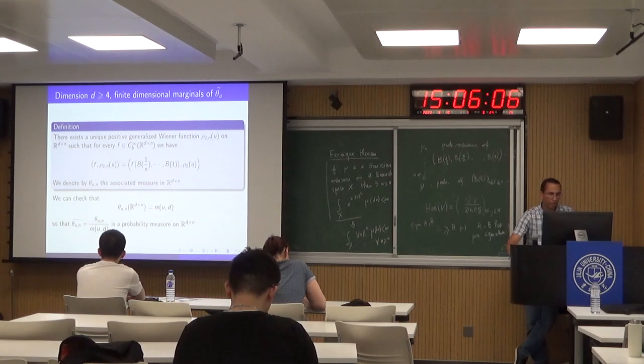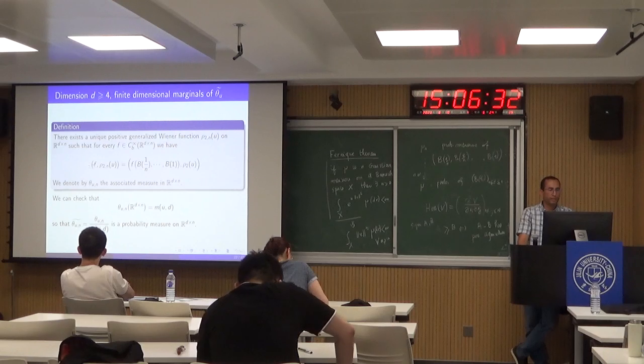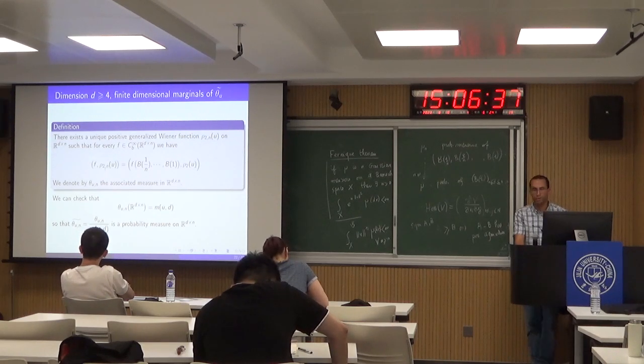If we define the following formula, f of b of 1 over n until b of n, take any function which is bounded and infinitely differentiable in R^d to the power n, and make this dual pairing with our generalized function. What we obtain is a pairing between f and some generalized function that we denote by rho 2 n of u.